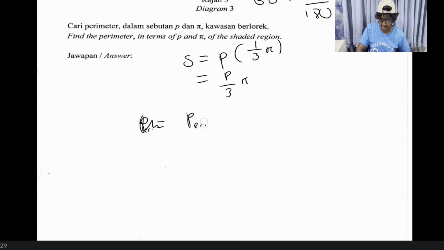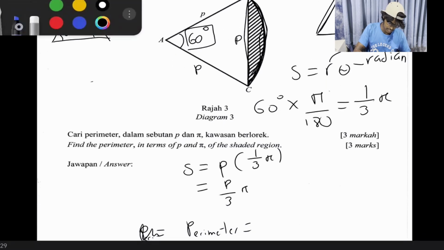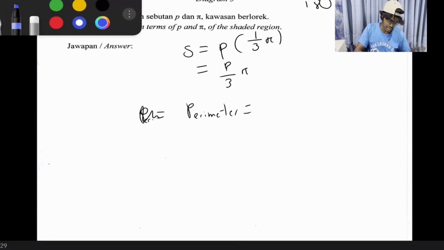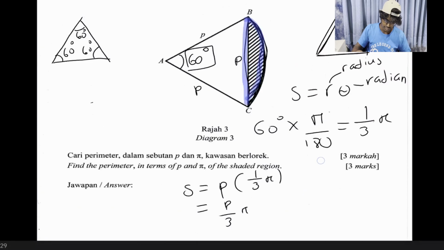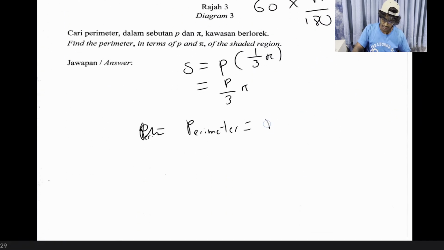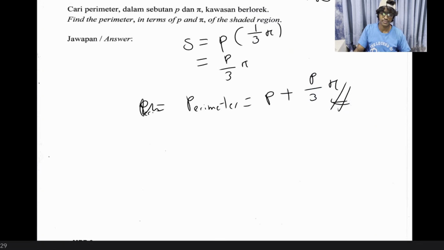Your perimeter will be this one and this one. So we know that BC is P, and the arc will be P over 3 pi. That is your final answer. You get 3 marks. Okay.